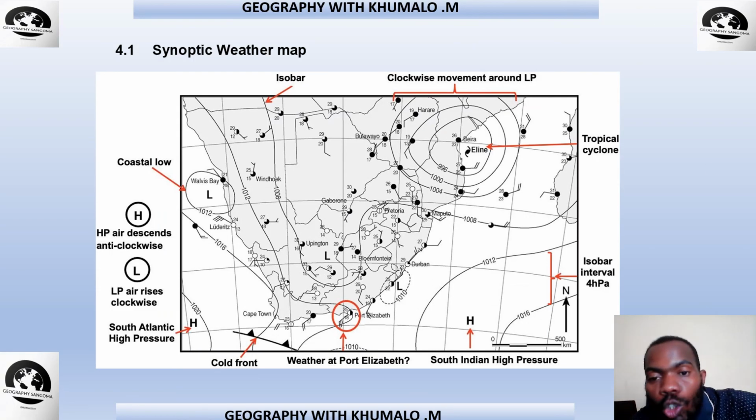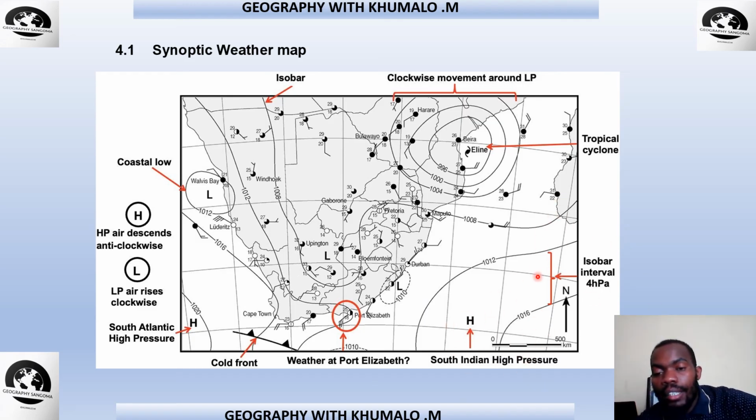Then going to the actual synoptic weather map, now you look at things like the coastal low pressure. High pressure air descends and it is anti-clockwise. The low pressure air rises clockwise. There is our South Atlantic high pressure, that is a weather station at Port Elizabeth. Then we've got a high pressure cell there, which is the South Indian high pressure cell.